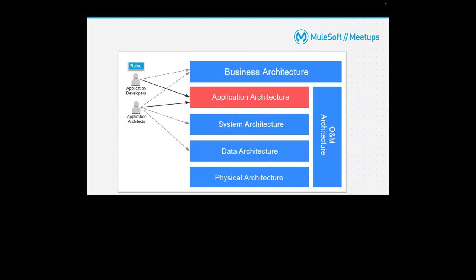So now, in my role, for example, as an application architect, I'll have to oversee business architecture, oversee application architecture. I also need to see the system architecture, whether my system can handle whatever the developer is designing.